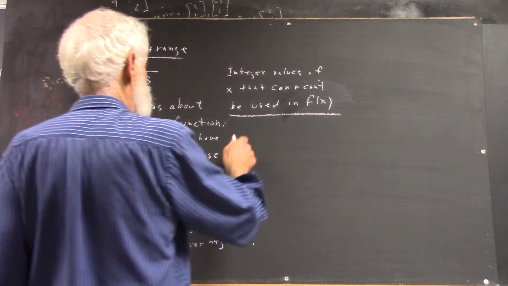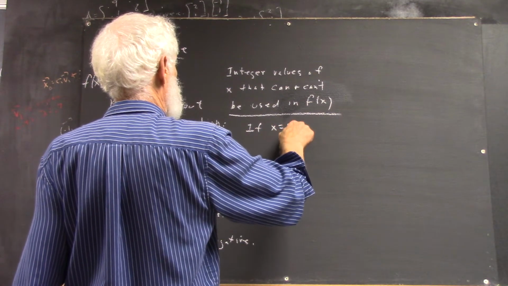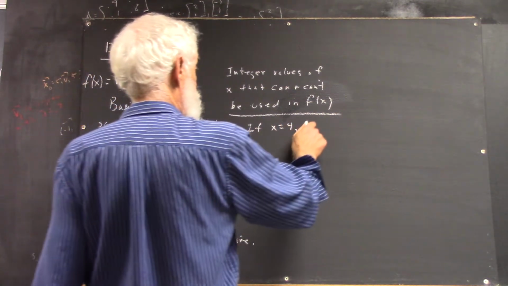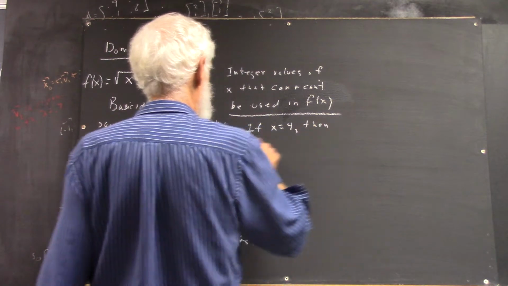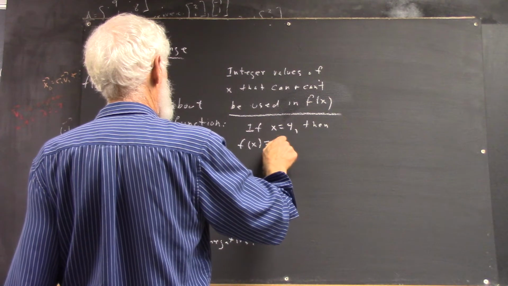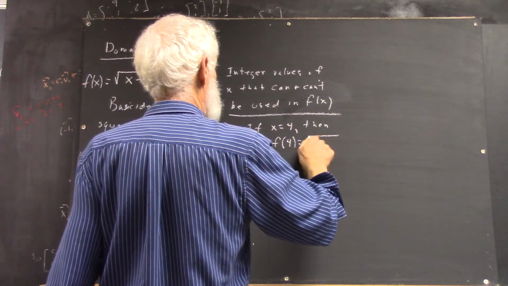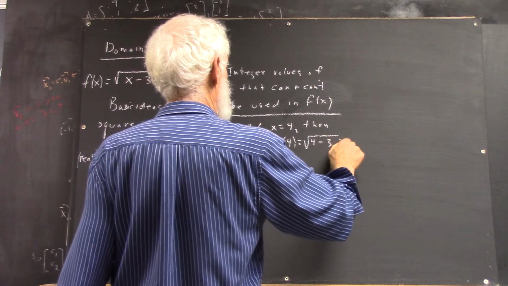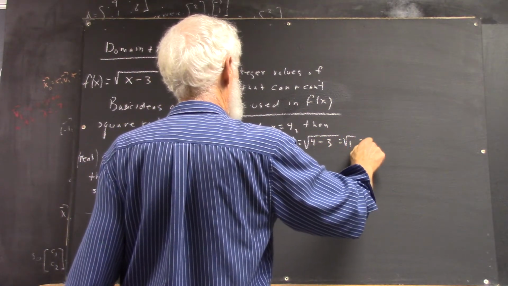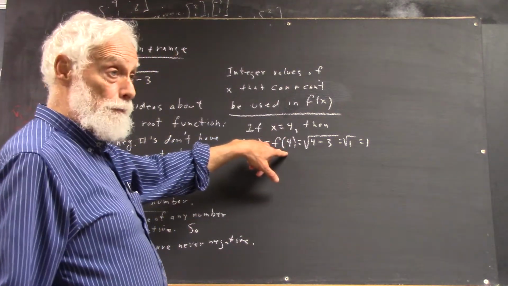So if x equals 4, then f of x is equal to f of 4.